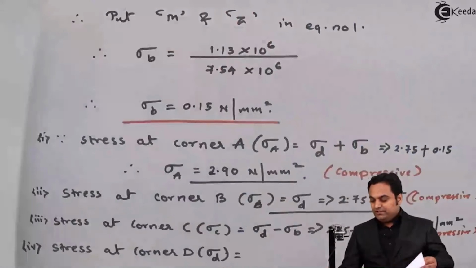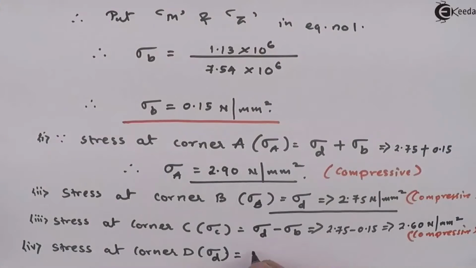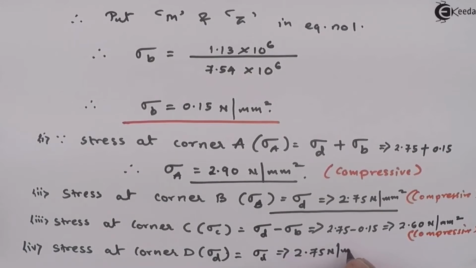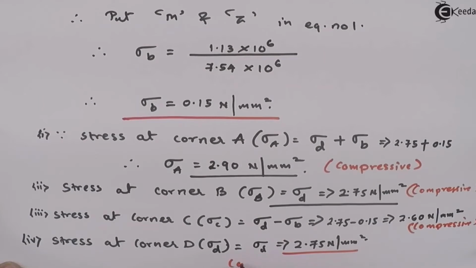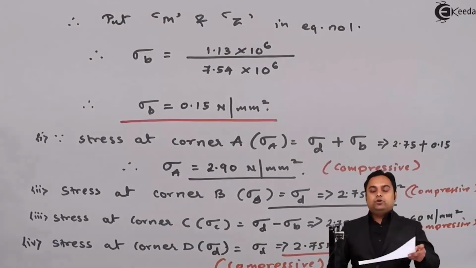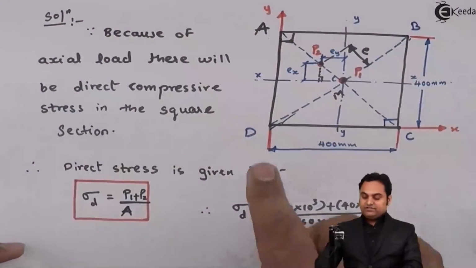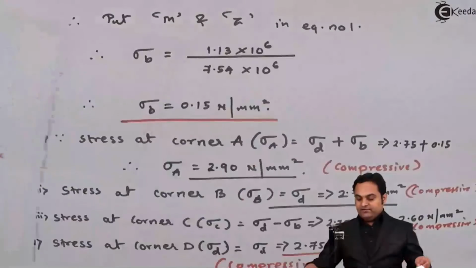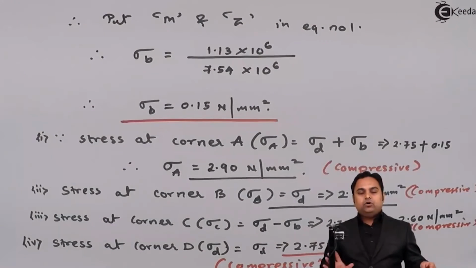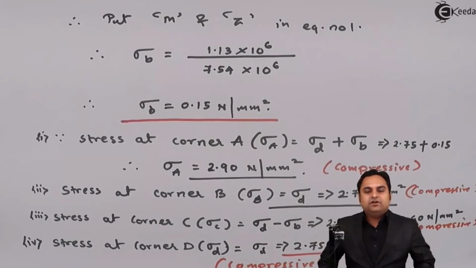So sigma D is directly the direct stress, and the answer is 2.75 Newton per mm square. As this is also positive, we have compressive stress. The question was to calculate the stresses at all four corners, and we have found all the values. All are compressive, and with this we complete the problem.